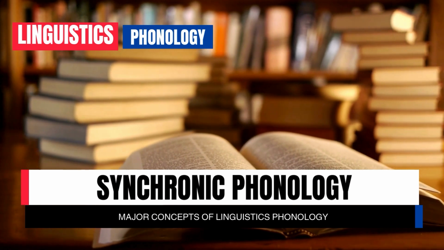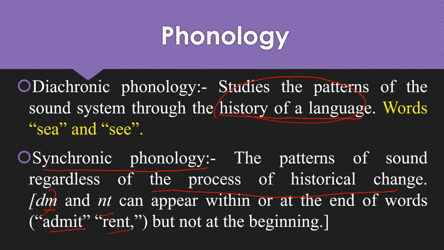Synchronic phonology studies patterns of sound without any consideration for historical change. Synchronic phonology studies sound patterns at a single stage in the development of a language. It analyzes that dm and nt can appear within or at the end of words like rent and admit, but not at the beginning.